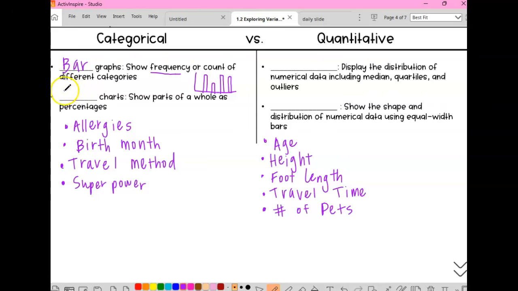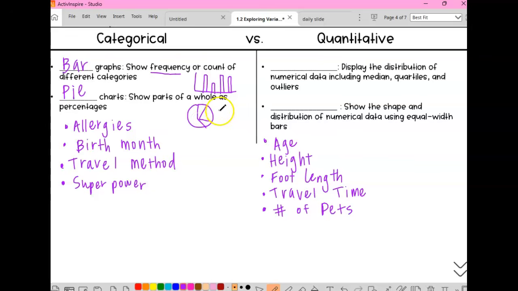Another good data display for categorical is a pie chart because it's easy to see all the parts and percentages for the categories. Okay, so pie chart, circle, and then you divide it into the parts.